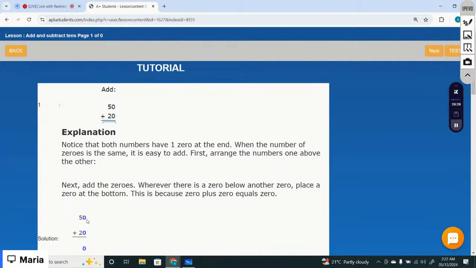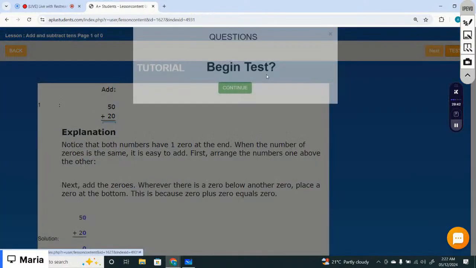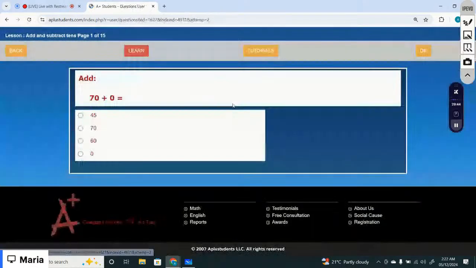So you have to add the tens digit. They are 5 plus 2. So 5 plus 2 is 7. So that is 70, right? 0 plus 0 is 0, and 5 plus 2 is 7. That is 70. Let's just start with the test questions.